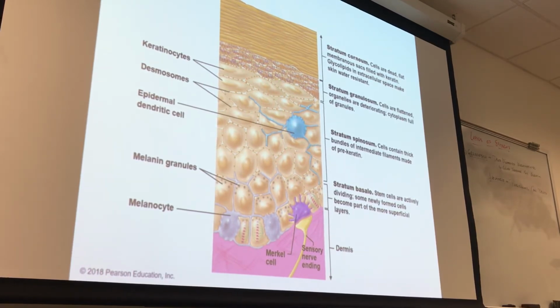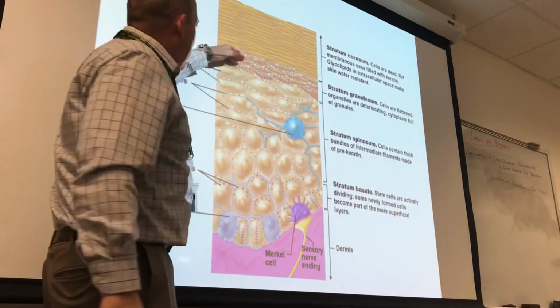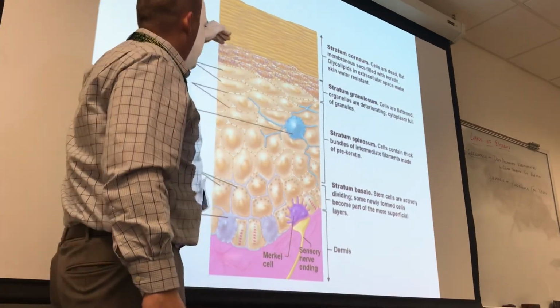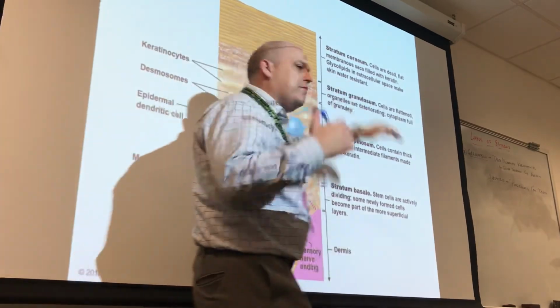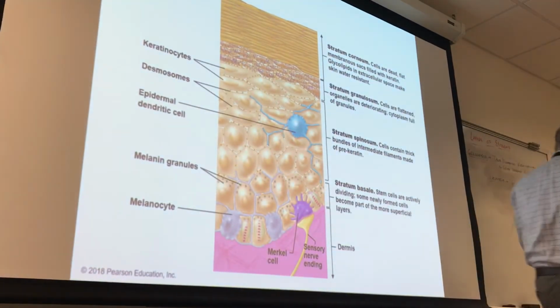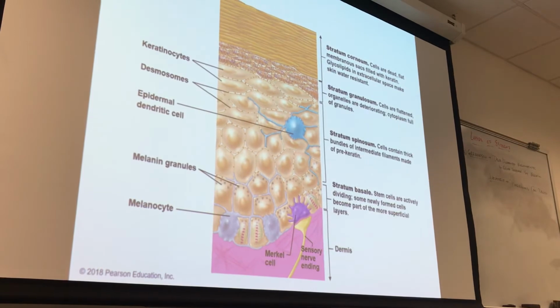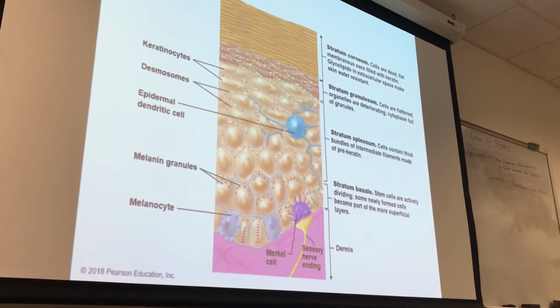Soles of the feet. And in the epidermis of these two parts of our body, in between the stratum granulosum and the stratum corneum, there is an extra layer of skin called the stratum lucidum. It's 4 or 5 layers of dead keratinocytes that ultimately make that skin literally thicker.